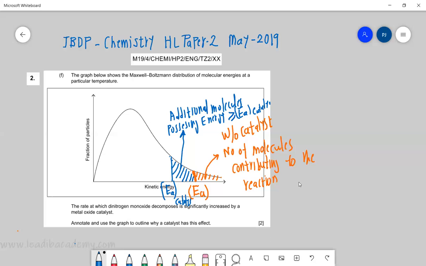A catalyst reduces the activation energy, choosing a reaction path with a lower activation energy than the original, because of which a higher number of molecules now possess energy higher than the activation energy. So the rate of reaction is higher. That's why this Maxwell-Boltzmann distribution curve gives a very good idea of how a catalyst works. Very powerful idea.